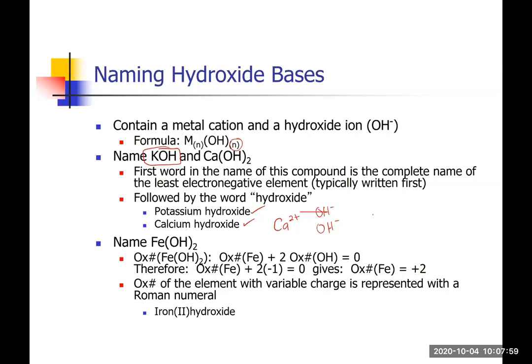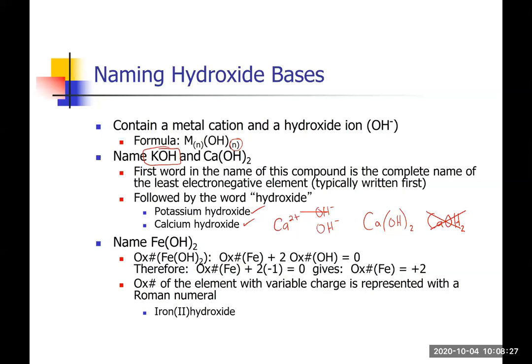So we write that as Ca(OH)2 this way. We wouldn't write CaOH2 this way because that's telling us we have 1 oxygen and 2 hydrogens there. So that is not the way we would represent calcium hydroxide. We need these 2 negative charges, so we need 2 hydroxide ions.